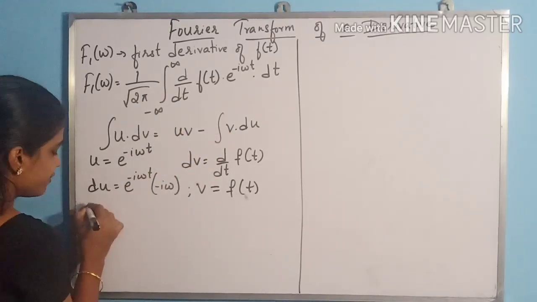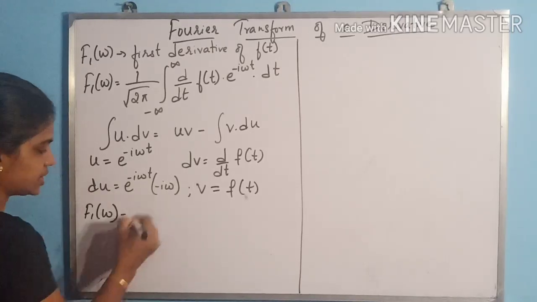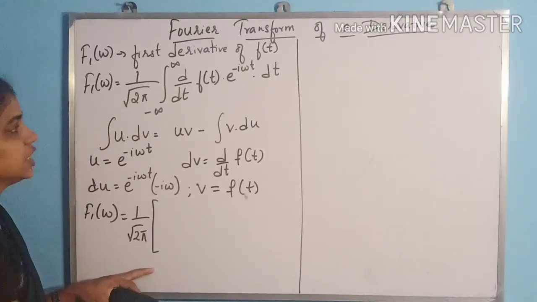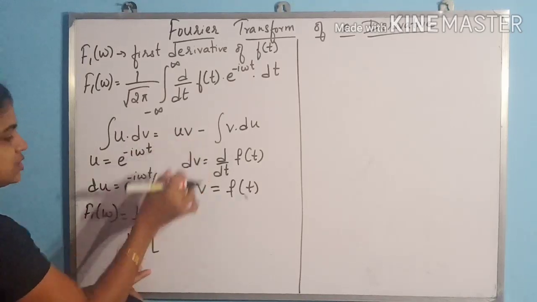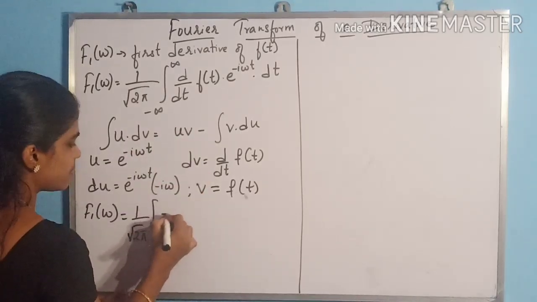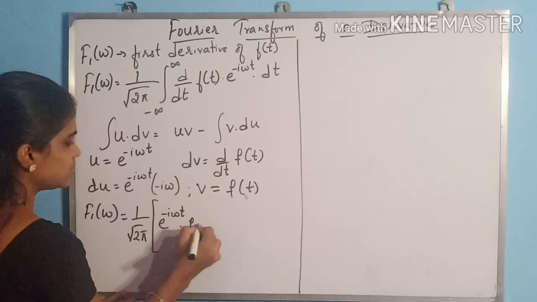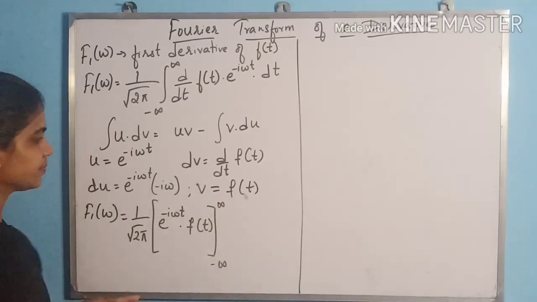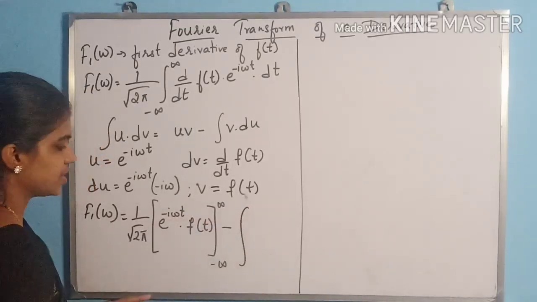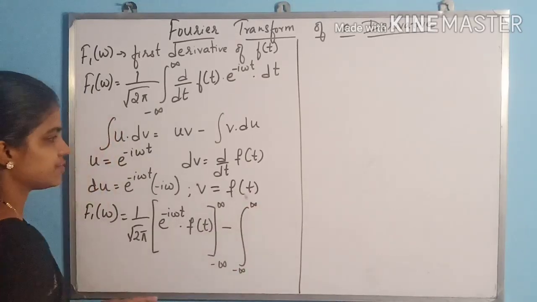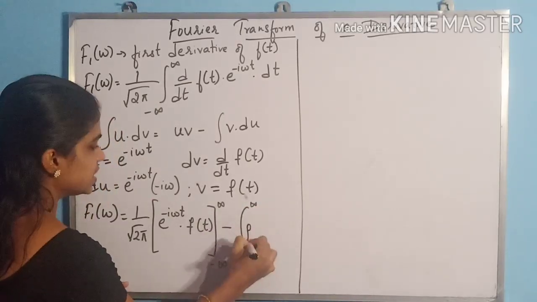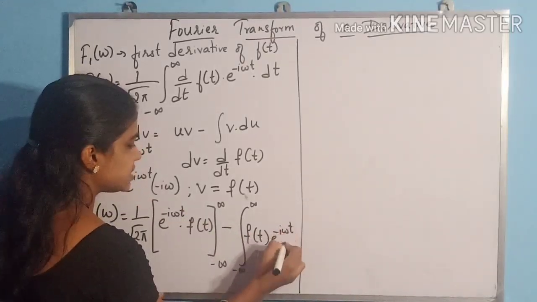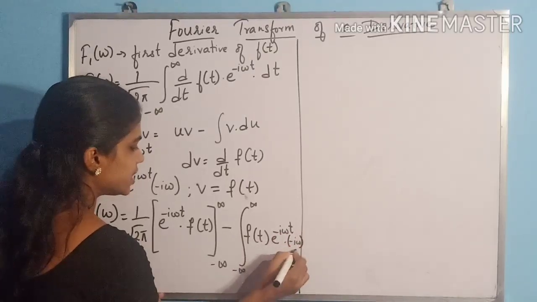So we have f1 of omega is equal to 1 by root 2 pi, which is going to be a constant outside. So integration by parts here now: u into v, so u is e raised to minus i omega t into f of t, from minus infinity to plus infinity, minus integration from minus infinity to plus infinity of v, which is f of t, and du, which is e to the power minus i omega t into minus i omega into dt.